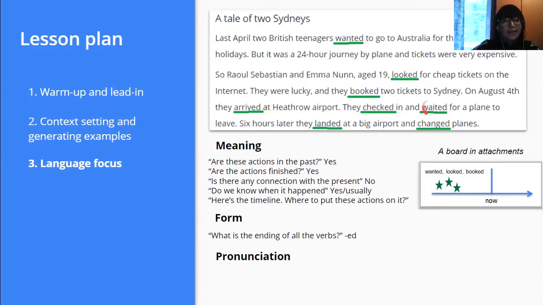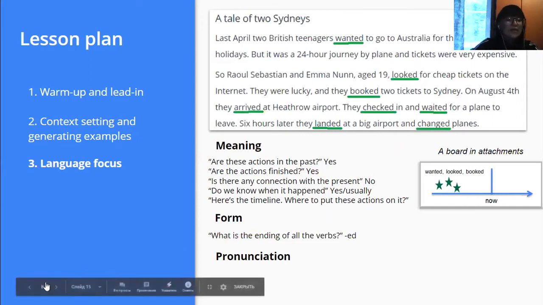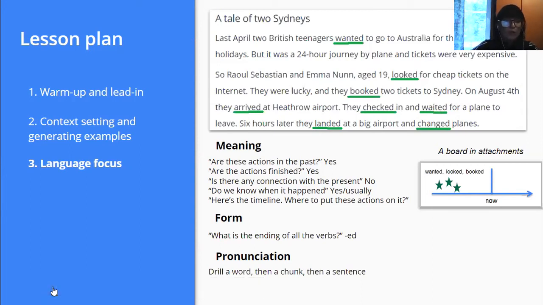Ed ending, ed, right? Or you can even use a kind of table with the present simple and the past simple. And your students would have to compare to see the difference between the present simple, want, and the past simple, wanted.